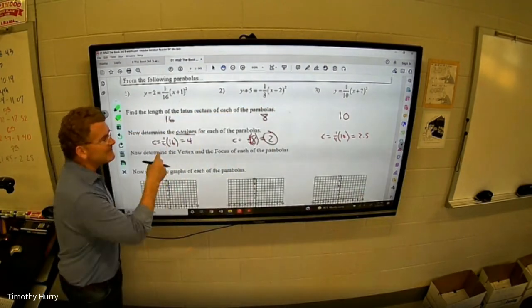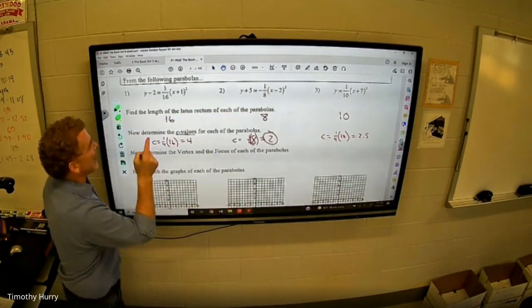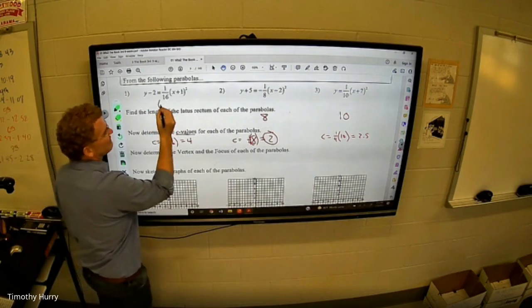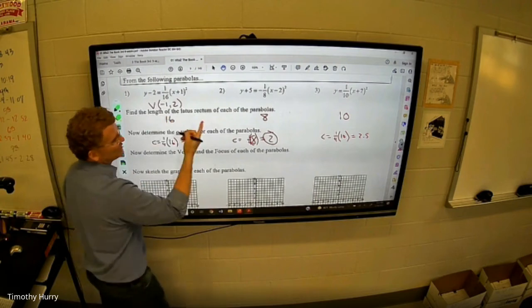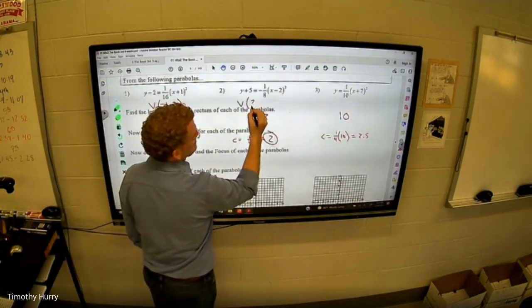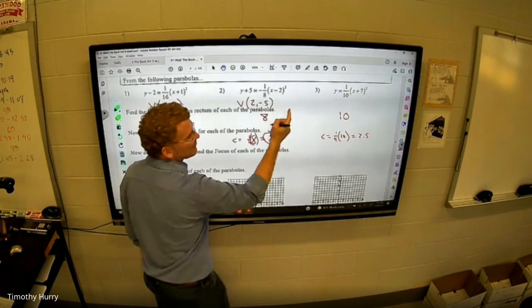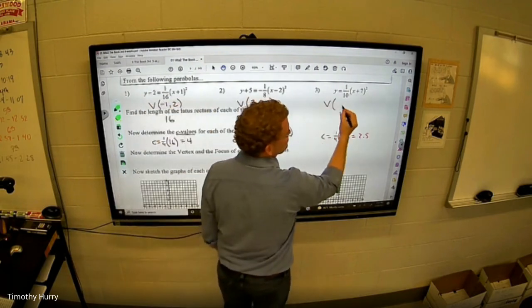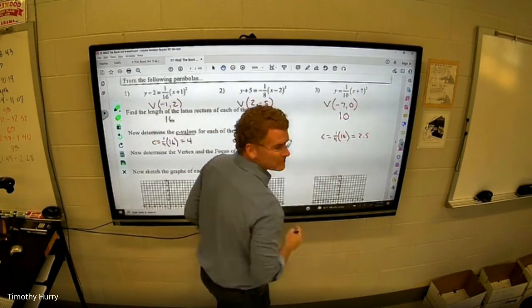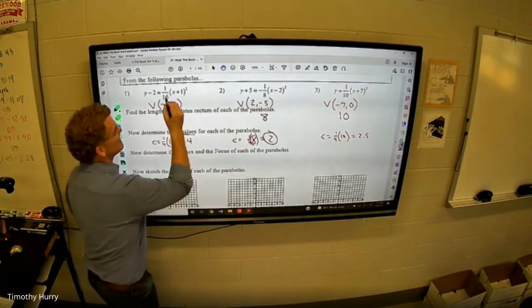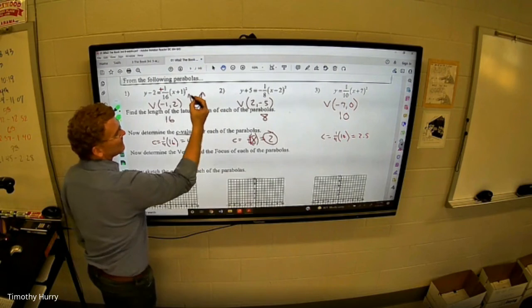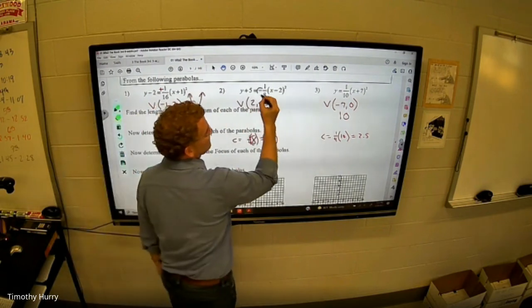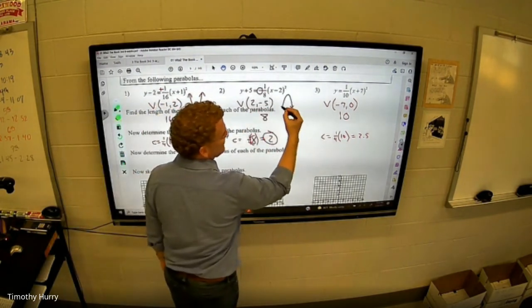Now, if that's the case, and I already look up here and see that my vertex is -1, 2, which I didn't technically ask you here, and I see my vertex is 2, -5, and I see my vertex is -7, 0, and I recognize that my A value is positive, so my graph is going up on this one. My A value is negative, so my graph is going down.